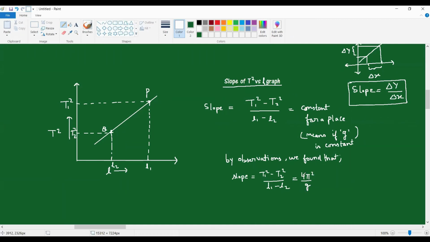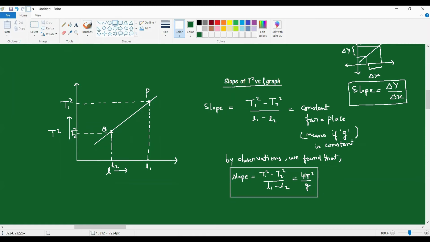Clear? So 4 is a number, pi has a certain value, which is also considered to be constant, which does not change from place to place. And if g remains constant, then this whole slope remains constant. Clear? You have to learn this formula.